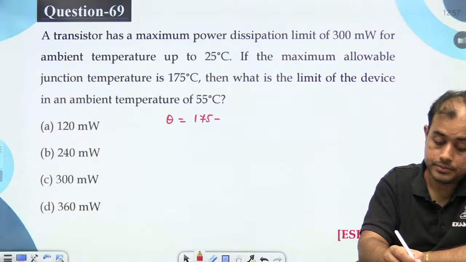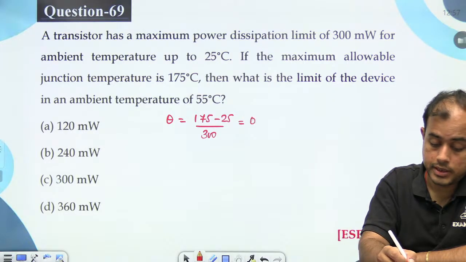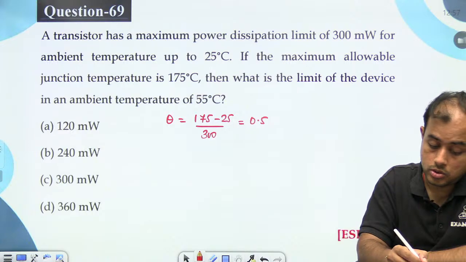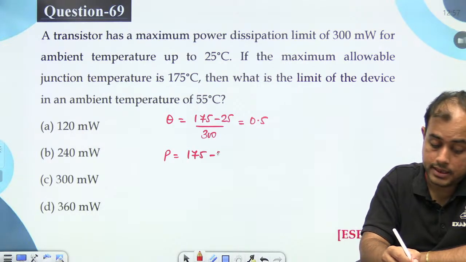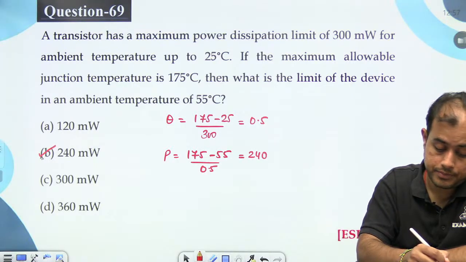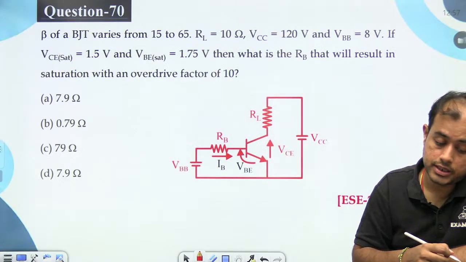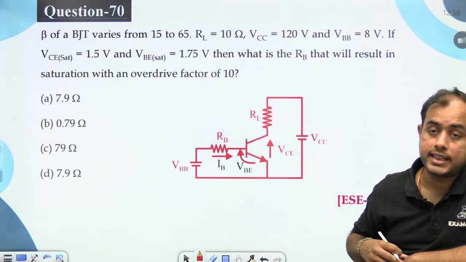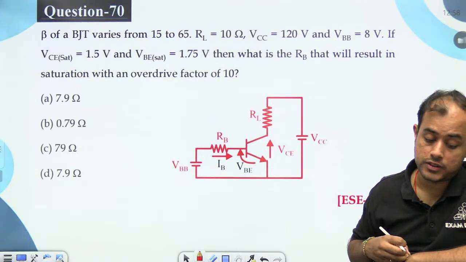So theta 0.5. So if we have ambient temperature 55, 240 B. Last question.